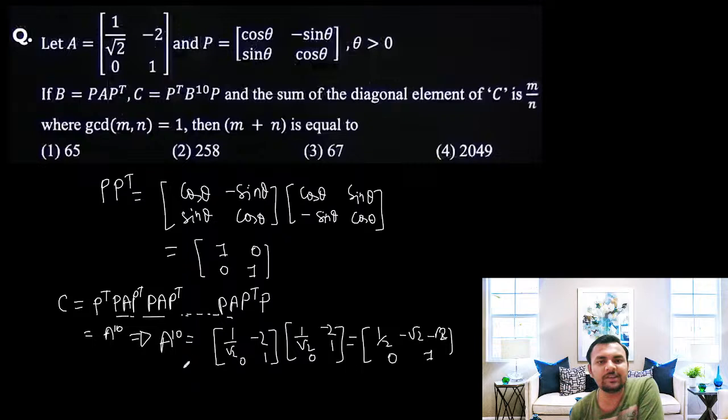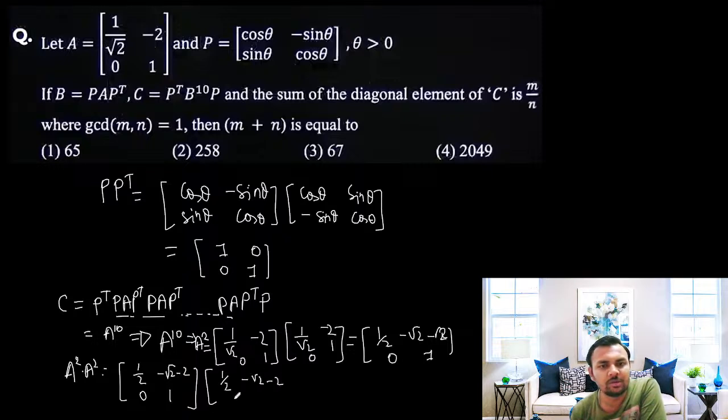So from here we got this as A square. And now we have to do A to the power 5, that is A square into A square. It is 1 by 2, 0, minus root 2, minus 2, 1. And we multiply this with 1 by 2, minus root 2, minus 2, 0, 1.